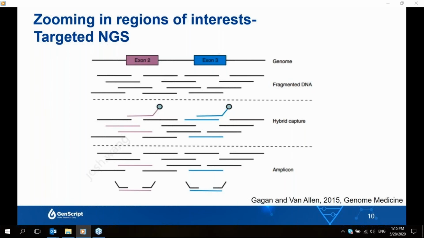A lot of the success secret for amplicon sequencing relies heavily on the quality of primer design. So that will not be my main focus, although GenScript is very capable to help our customers design and manufacture primers. My focus today will be on hybrid capture target sequencing.